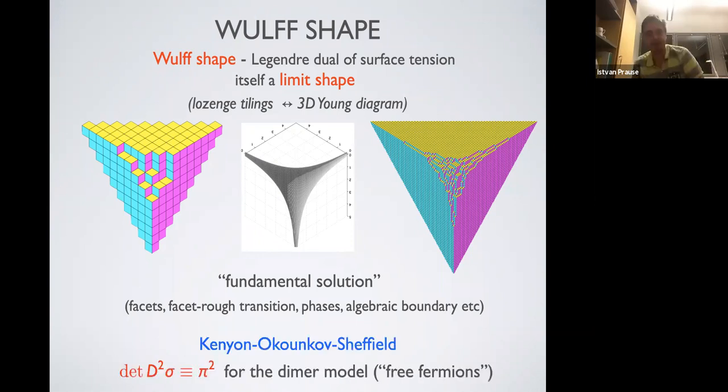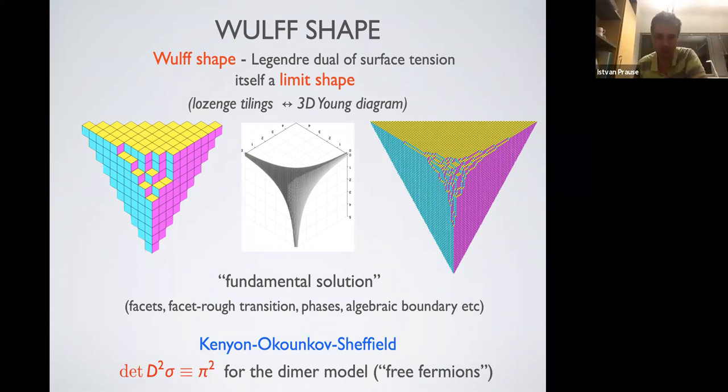Now, an important result, especially for our purposes, will be the theorem of Kenyon-Okounkov-Sheffield on the Hessian. So this surface tension is something complicated and singular, but it has a nice property: its Hessian determinant is constant.